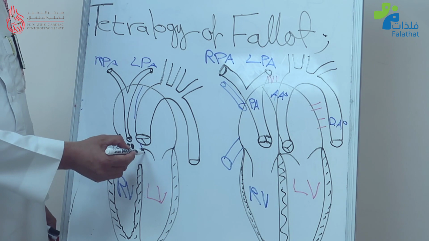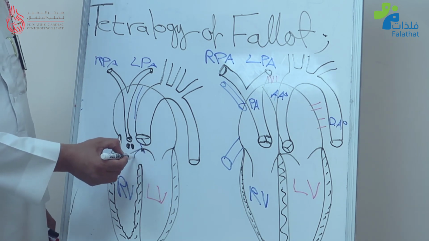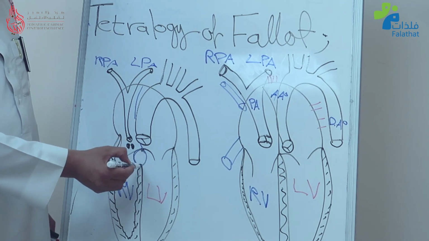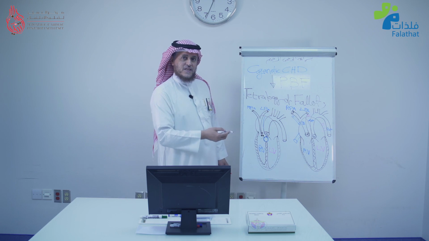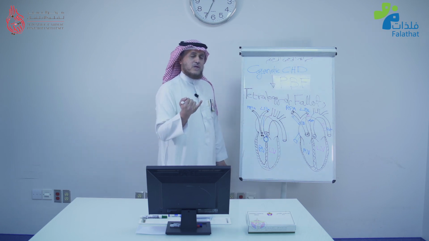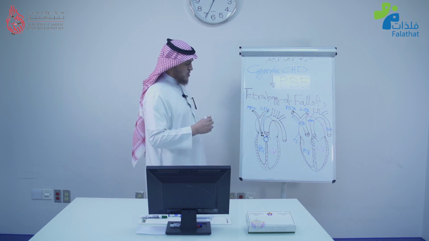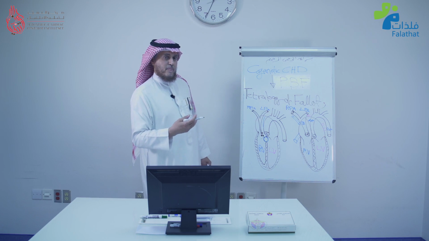It has a defect, and it's a subarterial defect just below the aorta usually. So we call it a large subarterial or subaortic VSD. That's component number 1.